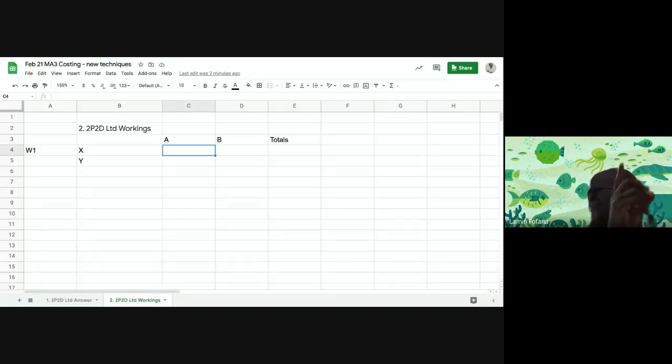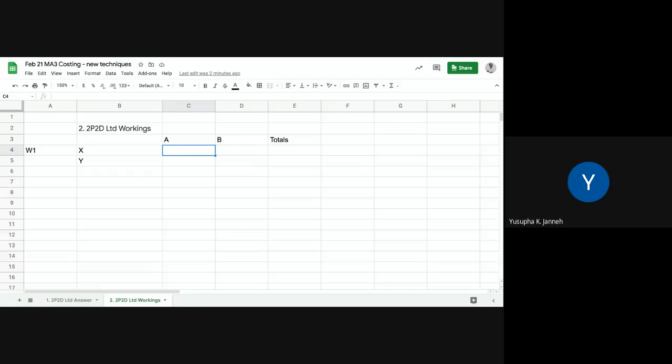To produce each unit of product B in department X, you need 6 hours. So the total hours for each of the products in department X is their time multiplied by the units: 4 times 2,000, 6 times 1,000. Is that clear?